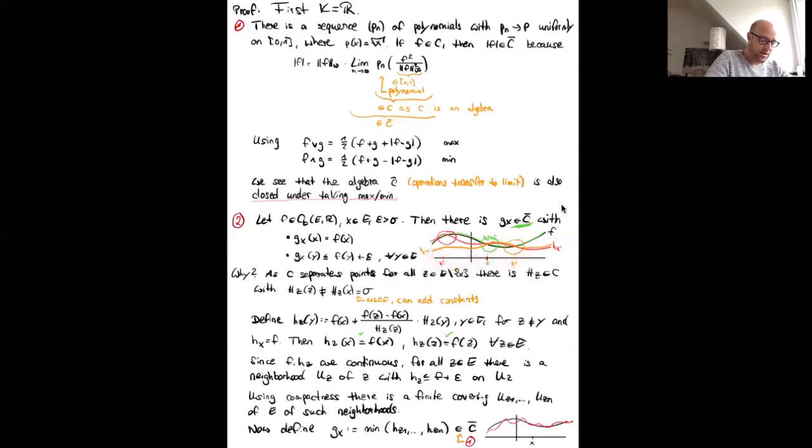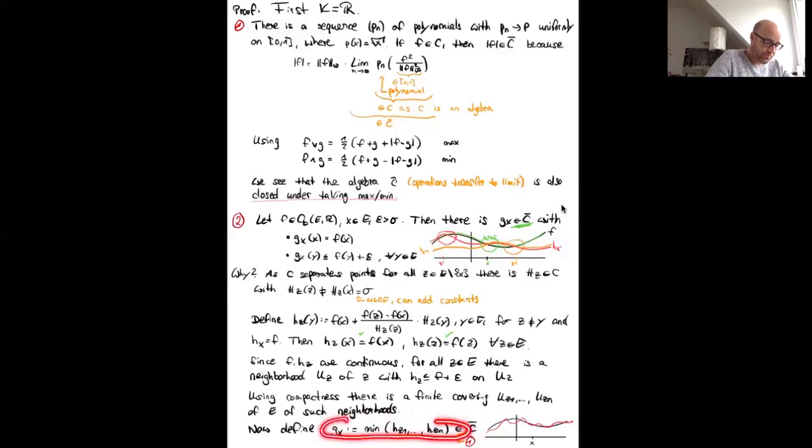Now we define the function g_x to be the minimum of all those. So the minimum is good because the minimum is smaller or equal to all of them. So if on that interval, I know the function is smaller than f plus epsilon, and this is true for all of them, the minimum of all these functions satisfies on each of these neighborhoods that the minimum is smaller than f plus epsilon.